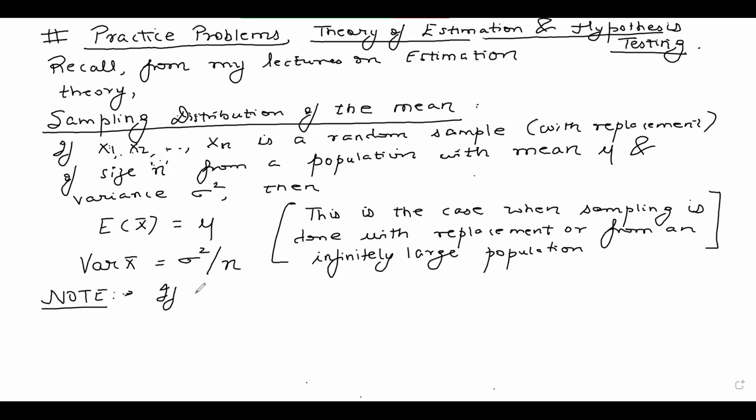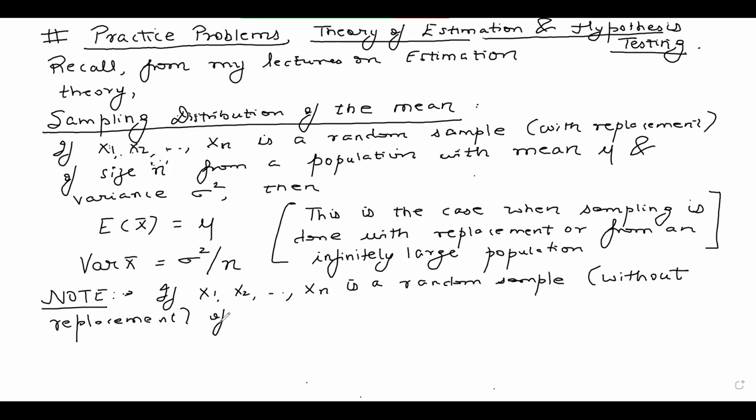So I can write if x1, x2, ..., xn is a random sample, in the bracket, without replacement. That means the observations are not getting replaced. So it's a random sample of size n from a finite population of size capital N. Capital N denotes the size of the population, small n denotes the size of the sample.